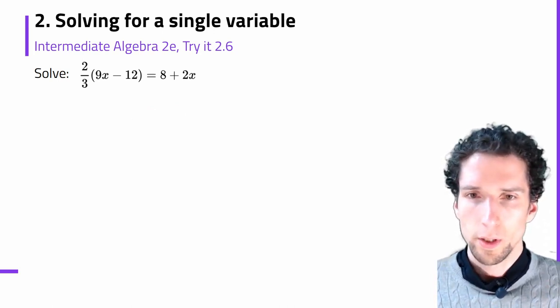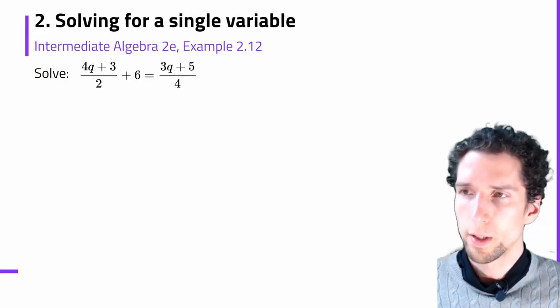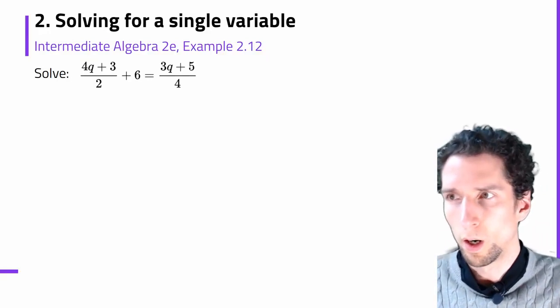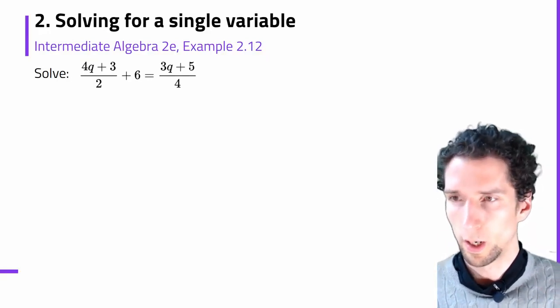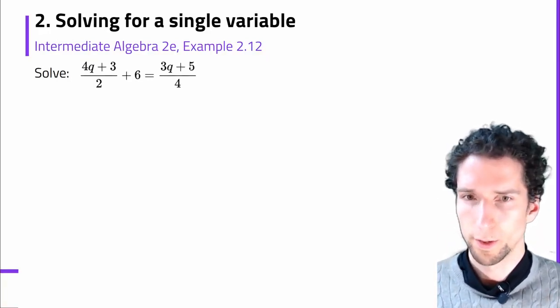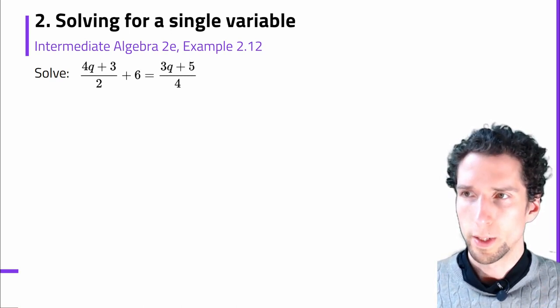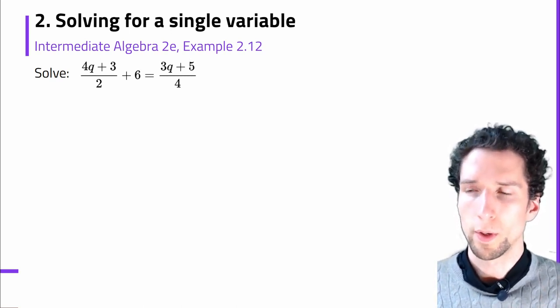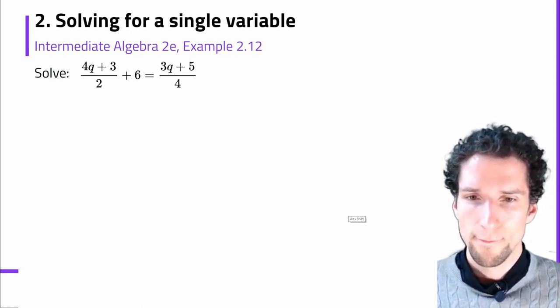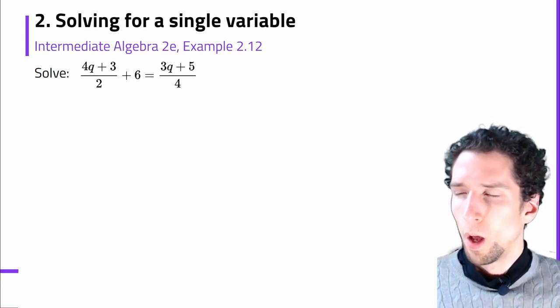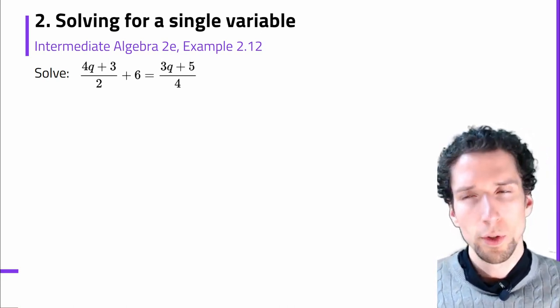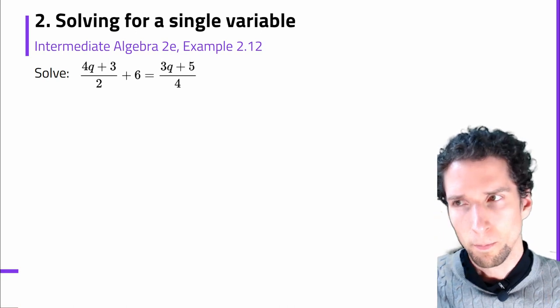All right, next one's just a bit more practice with this, where our equations are a little bit larger or more complex. So let's say we look at something like this: 4q plus 3 over 2 plus 6 equals 3q plus 5 over 4. So a few different ways we could do this.